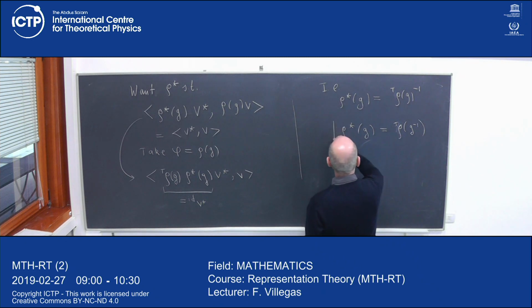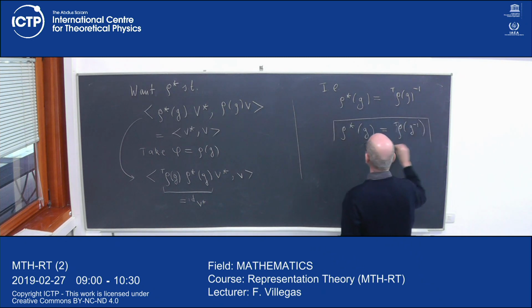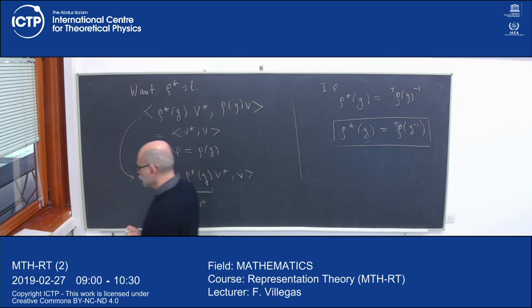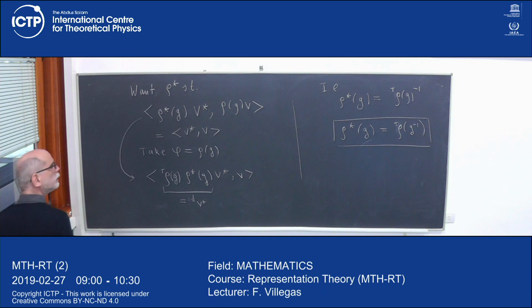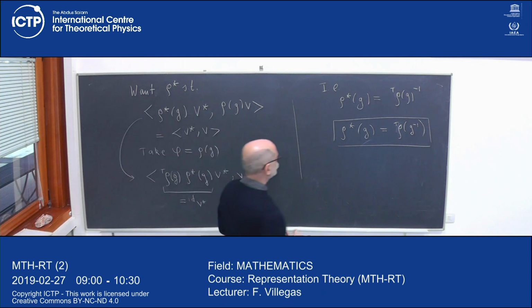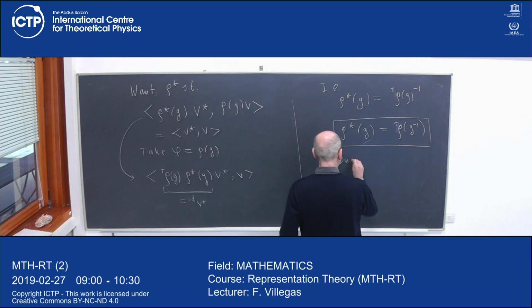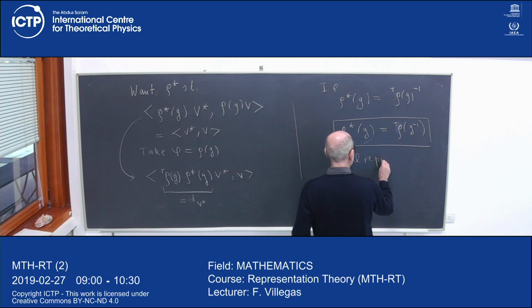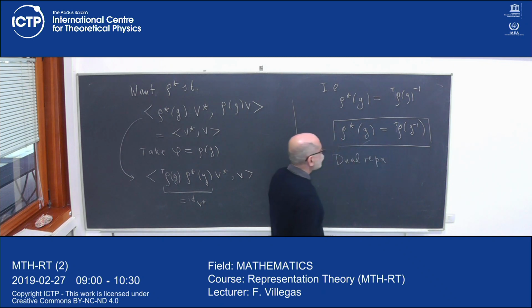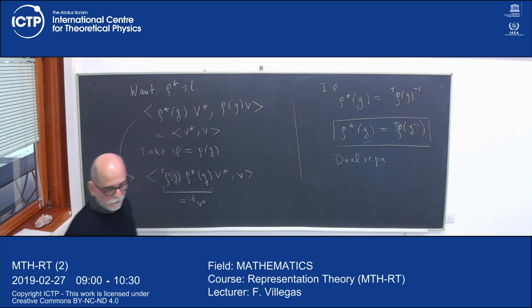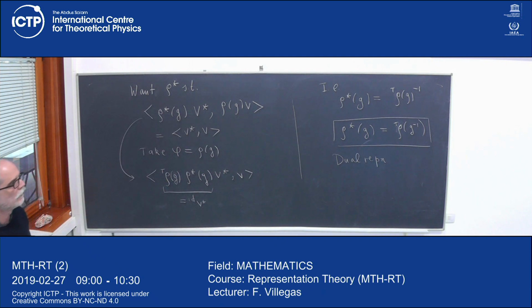So I can just use this to define the dual representation. So this is the dual representation. And we see again the inverse, as we saw when we defined a linear representation attached to a permutation one.